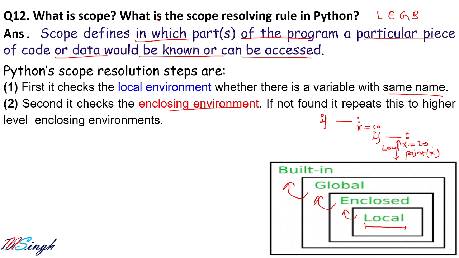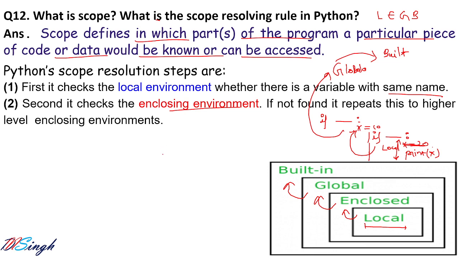If it is not available in local, suppose this is not there, then Python will search in enclosing, because this is an enclosing scope for this local scope. If it is not available in enclosing, go for the global. If it is not in global, go for built-in.